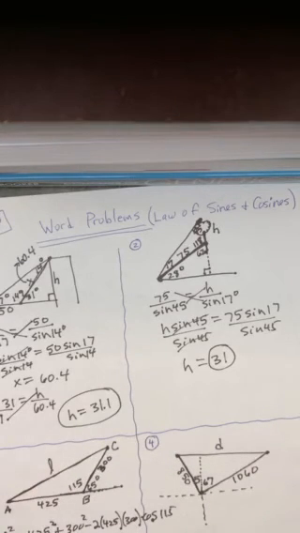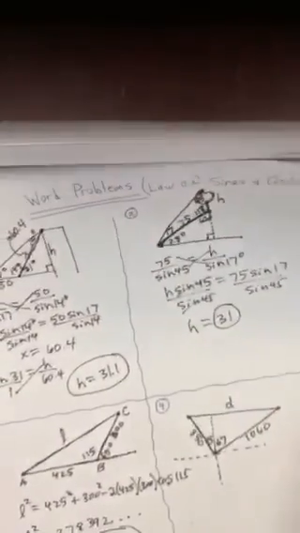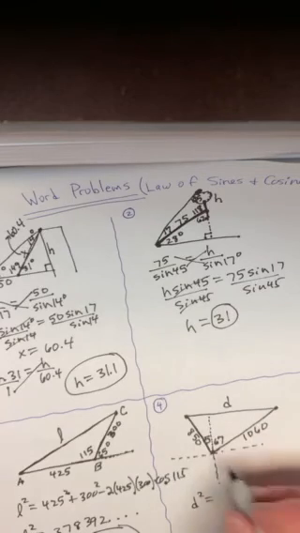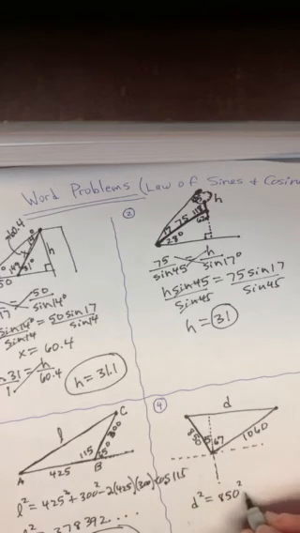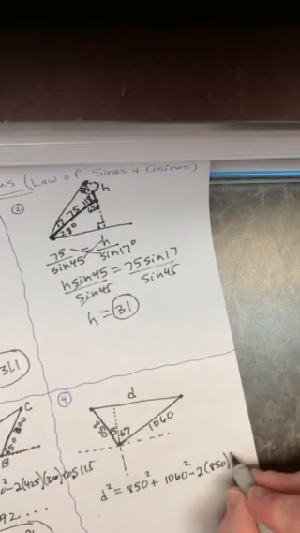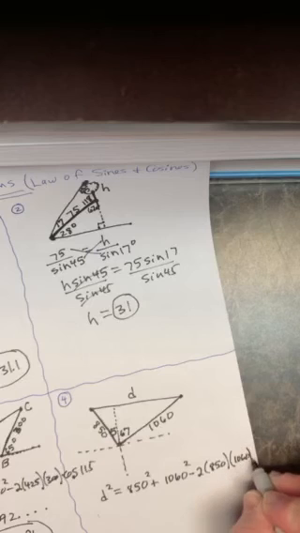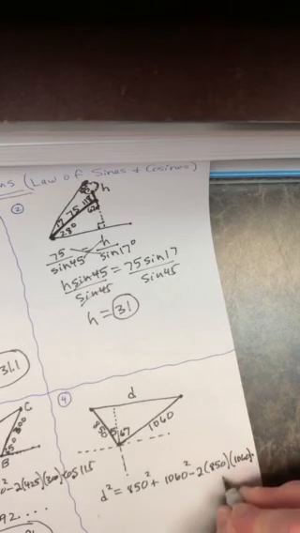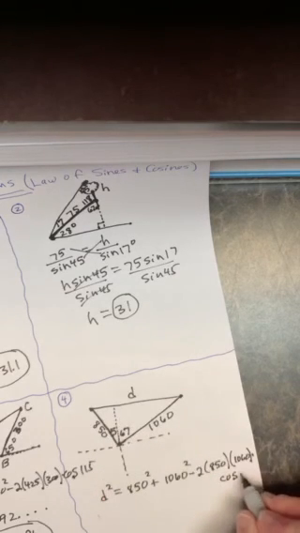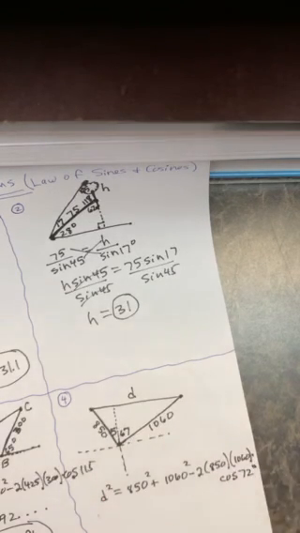So if I look at that picture, wouldn't your setup simply be d squared equals 850 squared plus 1,060 squared minus 2 times 850 times 1,060 times the cosine. Now careful, that entire angle would be what? 72 degrees. Agreed? So go ahead and finish that.